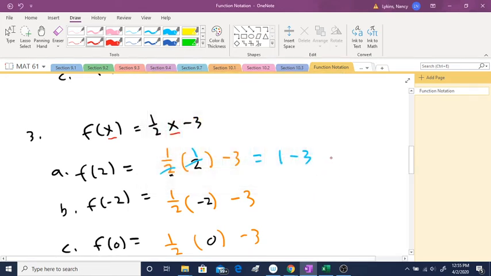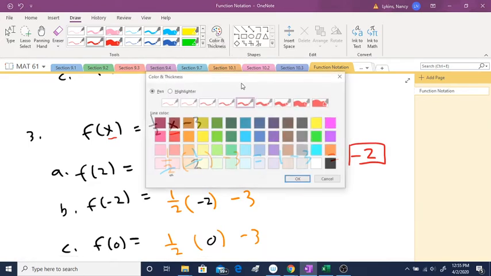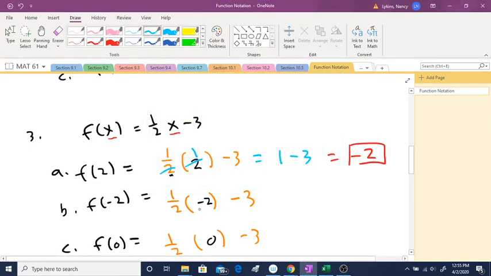And 1 minus 3 is -2. I can do the same thing with my -2. Now the 2's cancel, but what you're left with is -1. -1 minus 3.